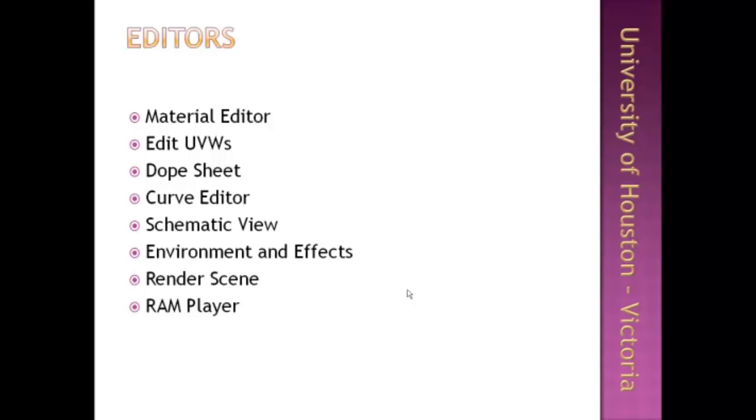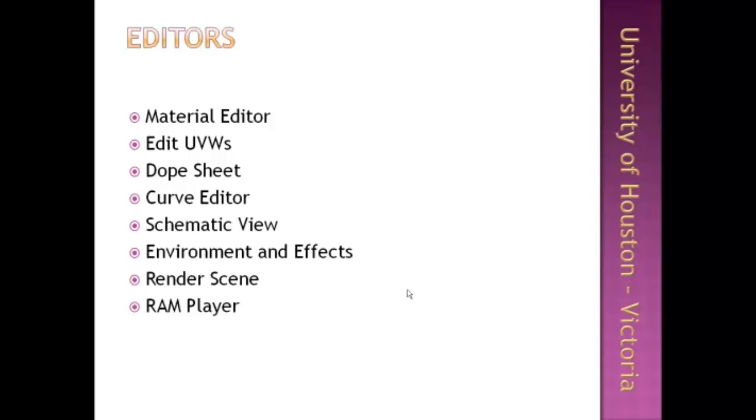There's the material editor. It's the interface used for designing surface materials. You could create different kinds of conditions for materials. You can give the shininess and all the properties that materials have. There's the Edit UVWs editor, which is for placing maps on three-dimensional objects. You import textures, create materials, apply them on texture maps, and then apply them on the surface of your objects.